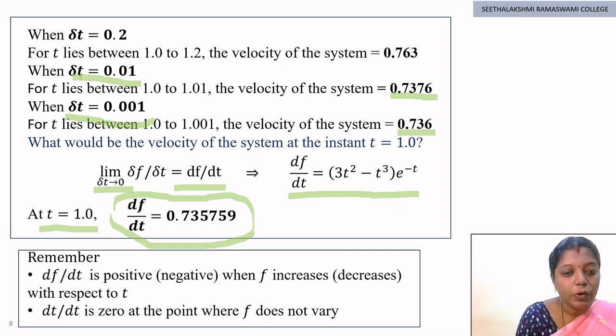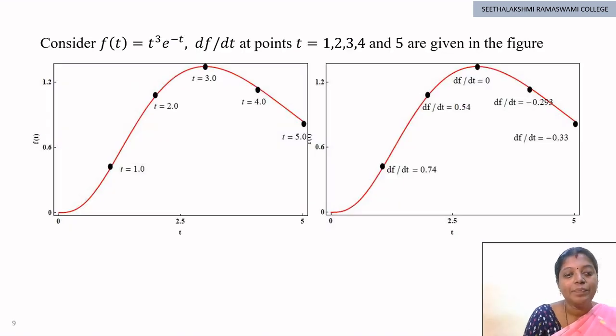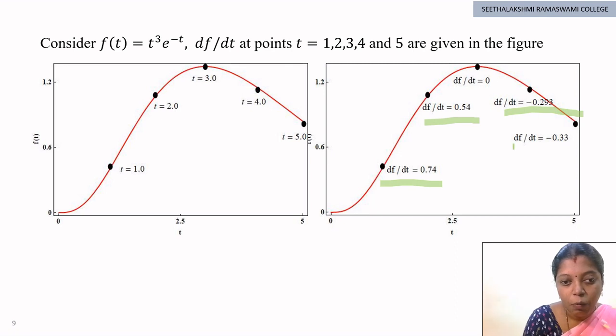Also remember, while doing differentiation, df by dt is positive when the function increases, df by dt is negative when the function decreases, and df by dt is 0 when the function neither increases nor decreases. Even in this curve, we have plotted the points in which we have positive df by dt, and negative df by dt while switching over from positive to negative.